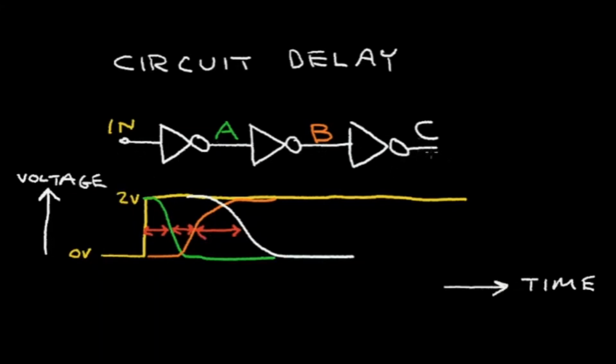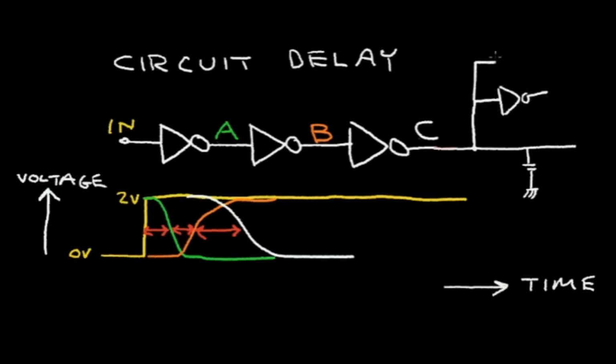Now, if the final inverter, for example, had a long metal connection, let me change colors. If it had a long metal connection, this long connection would introduce some stray capacitance that would slow down the switching time of the node C. Now perhaps node C goes to several other circuits.